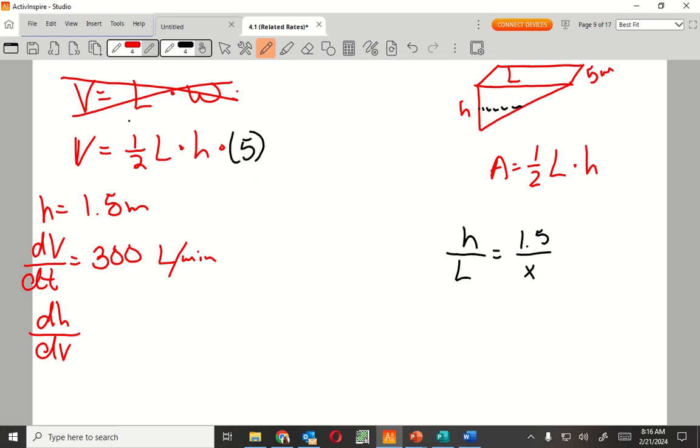So it's going to be h is equal to 1.5 L. Wait, hold on.